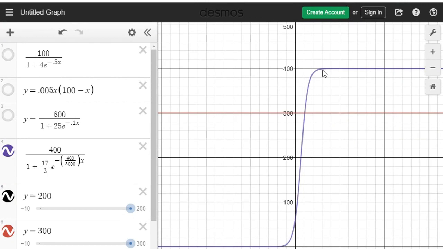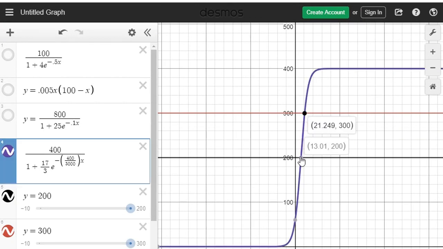By the way, notice that it does level off at 400. So when it's at 200, which is 50%, I am at 13.010 years, which is about 2003 in the problem's context. And then 75% of the capacity is at 21.249 years, which is in about 2011.